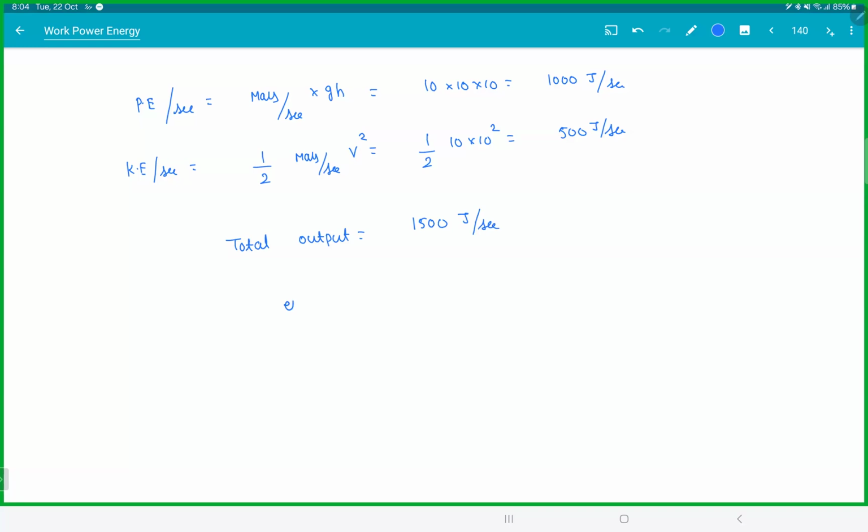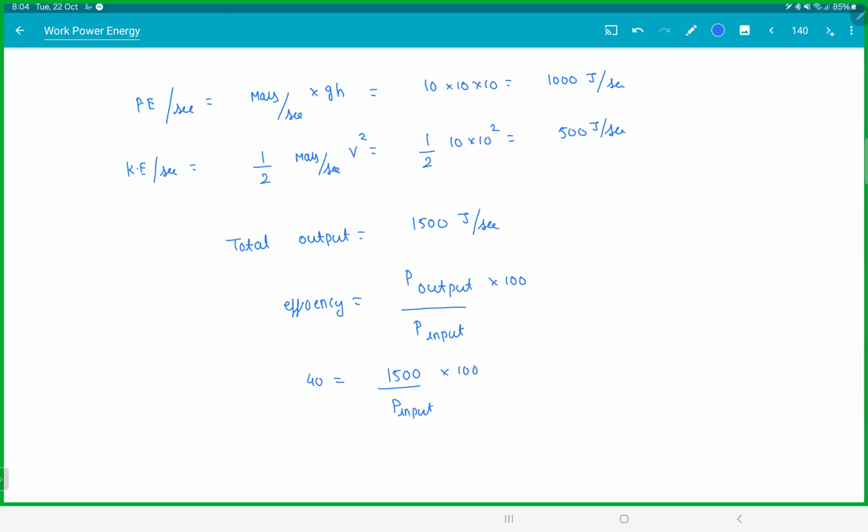So efficiency is what? Output. Now, he didn't ask you for output, he's asking for input. How much did you give to the machine? So efficiency is 40, output is 1500. So the machine takes something and gives out 1500 eventually.